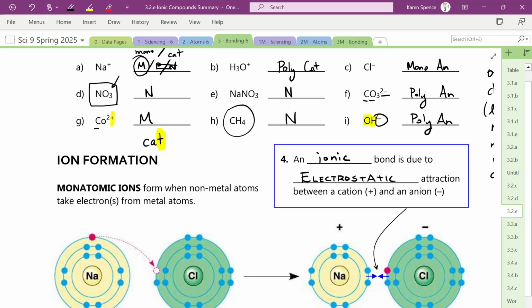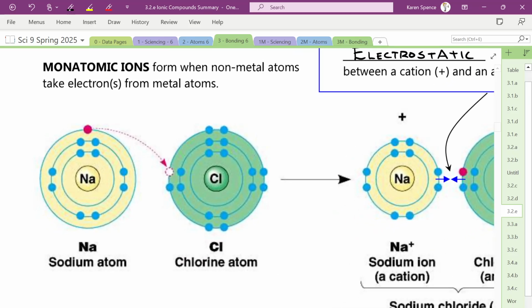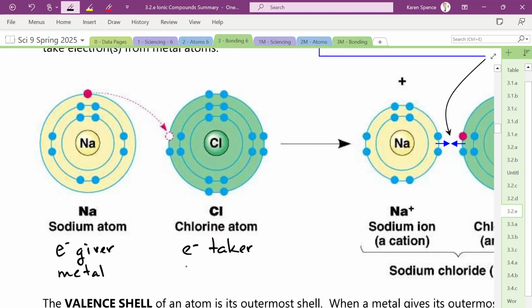So here's how the compound forms. This should look familiar now. We have sodium, which is the electron giver, which is the metal. And we have chlorine, which is the electron taker, which is the nonmetal.